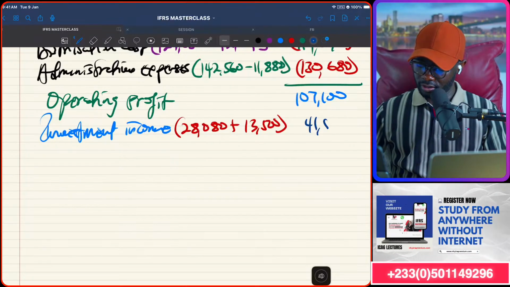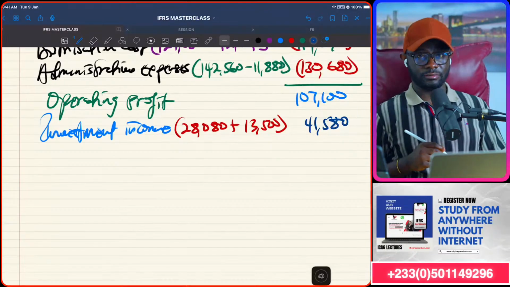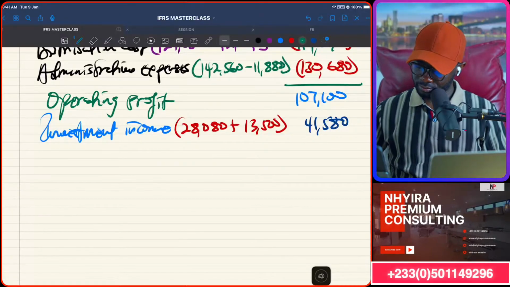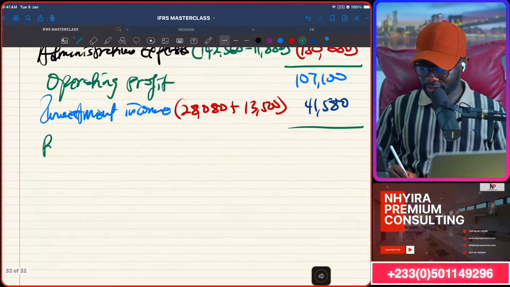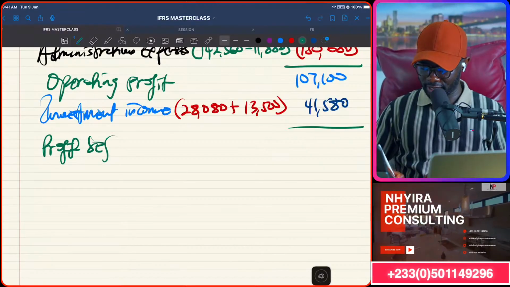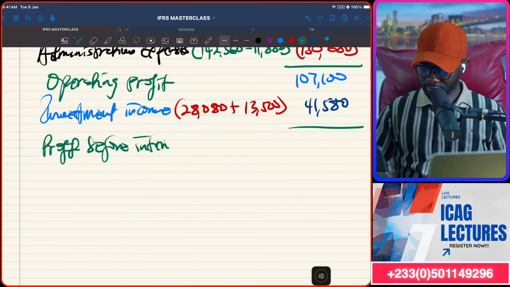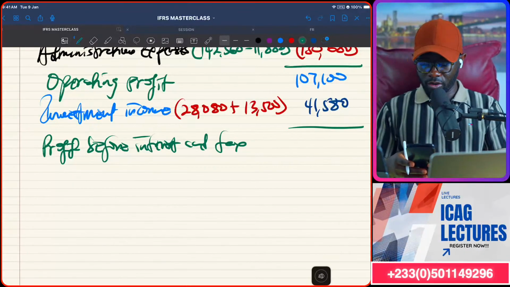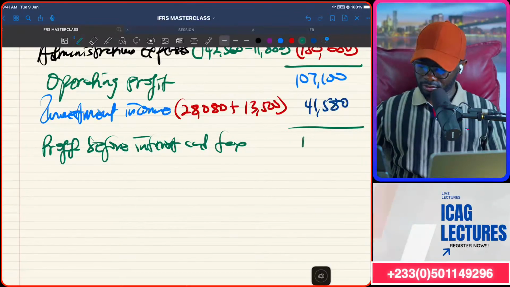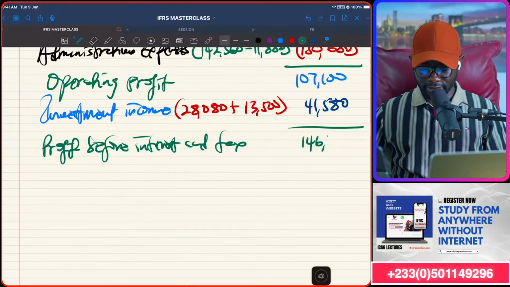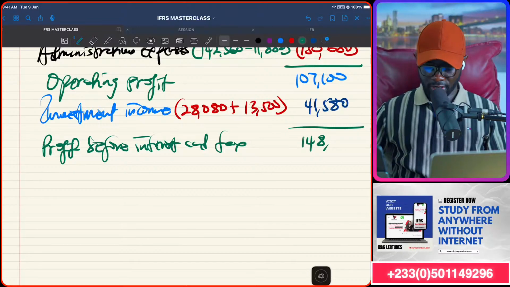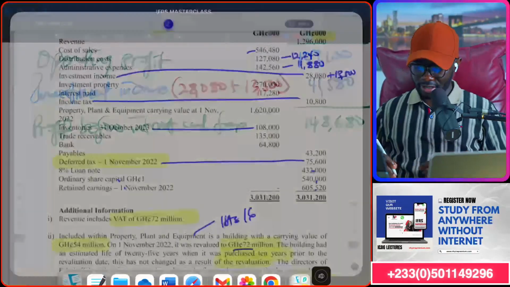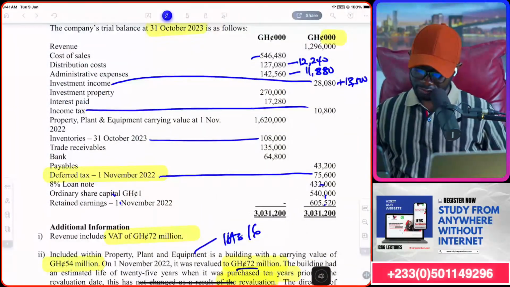That's 41,580. All right? So we add that up to get a profit before interest and tax. Plus 107,100. That's 148,680.